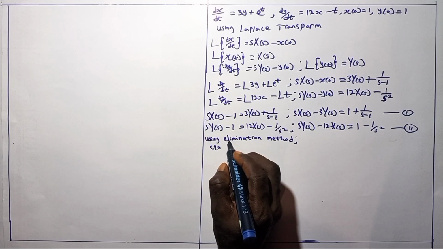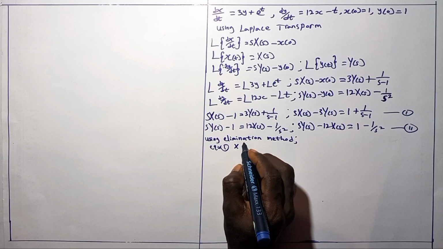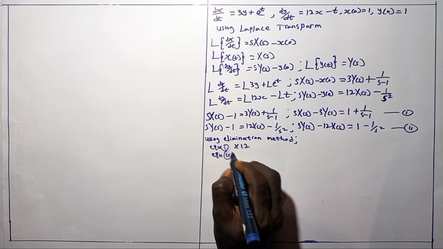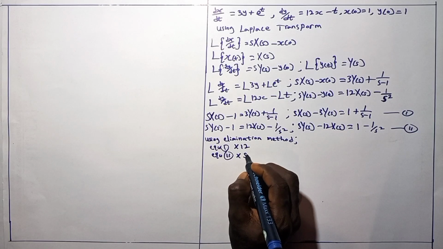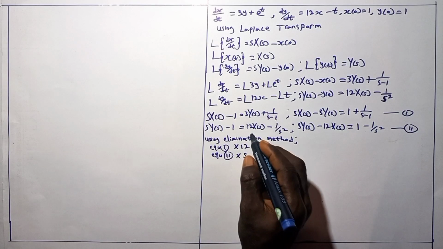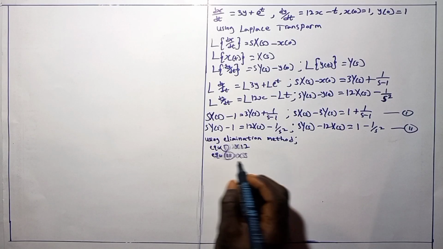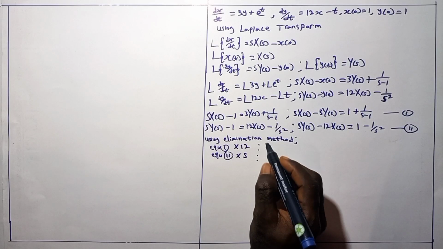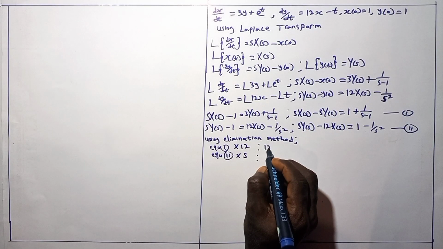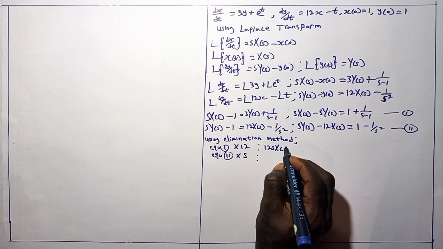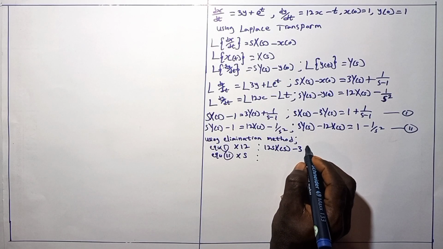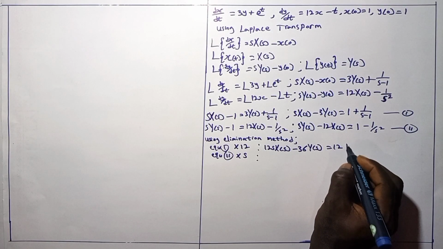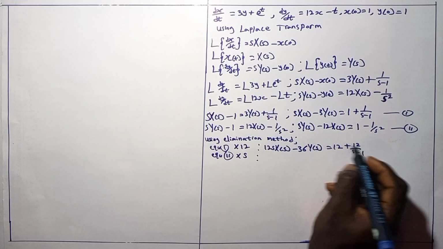Equation 1 times 12, then equation 2 times s, not 5s. So for equation 1 times 12, we have 12s x of s minus 36 y of s is 12 plus 12 over s minus 1.